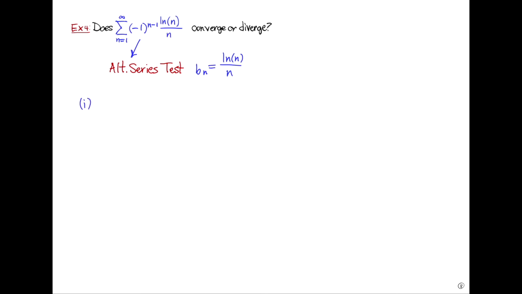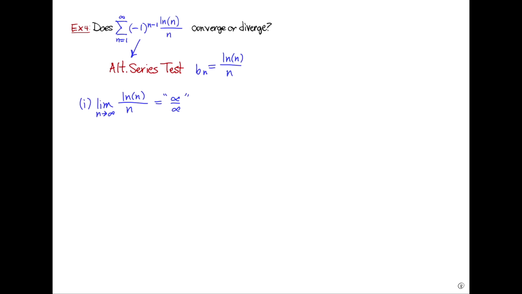The first, that the limit as n approaches infinity of the natural log of n over n is equal to 0. But now as n is going to infinity, we have it in this indeterminate form of infinity over infinity. But we can't use L'Hopital's rule because L'Hopital's rule requires us to take the derivative, and we can only take the derivative of functions that are continuous.